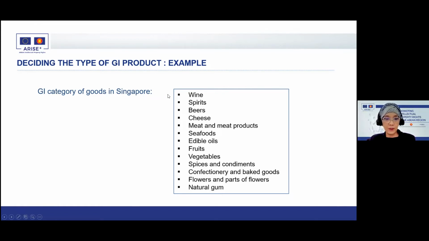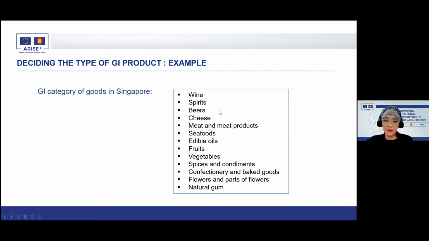So in Singapore, the GI product types are wine, spirits, beers, three of them in one classification in trademark, but in GI they are grouped differently.